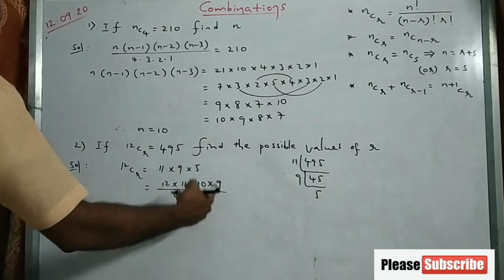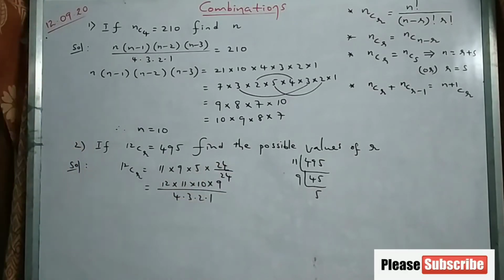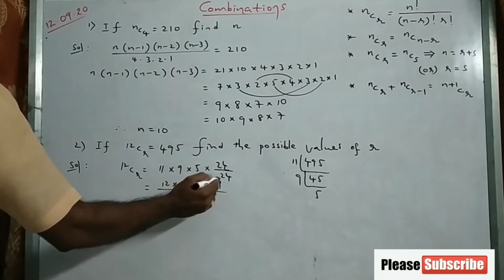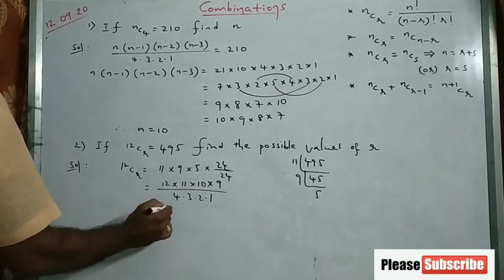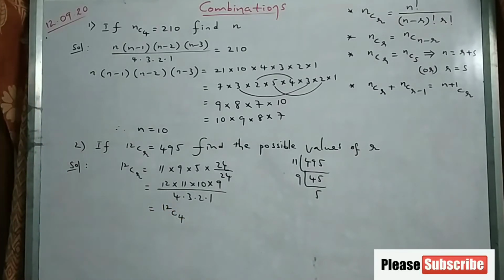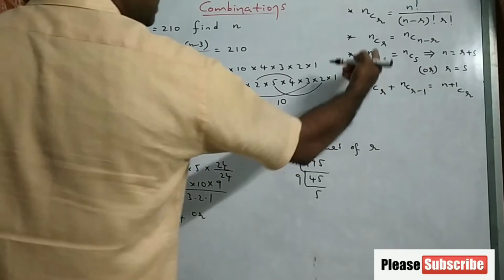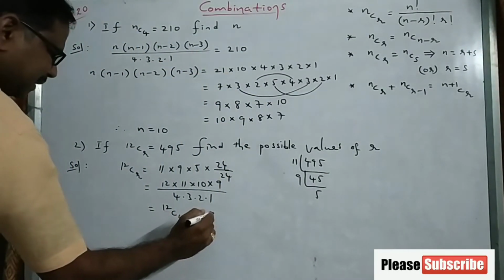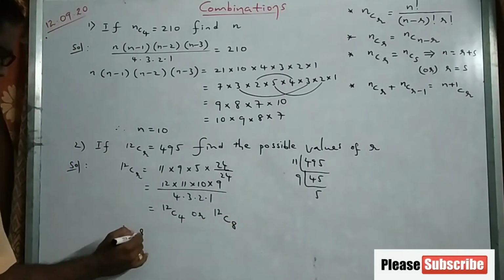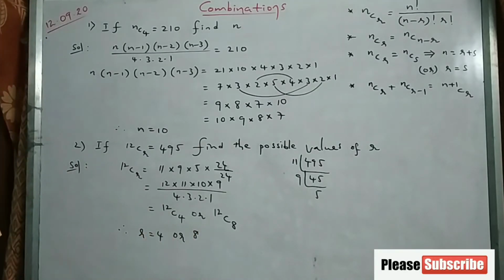Then you will get 12 into 11 into 10 into 9 upon 24, which can be written as 12C4. Or by using the formula nCr equal to nC(n minus r), 12C(12 minus 4), that means 8. Therefore, the possible values of r are 4 or 8.